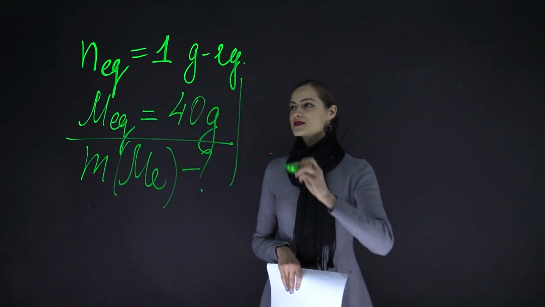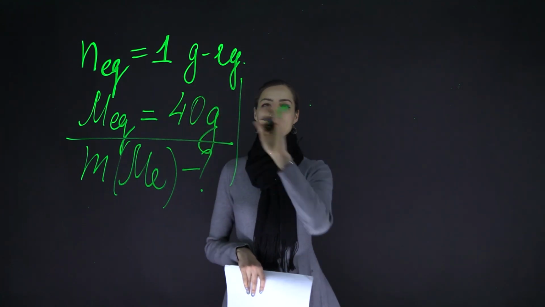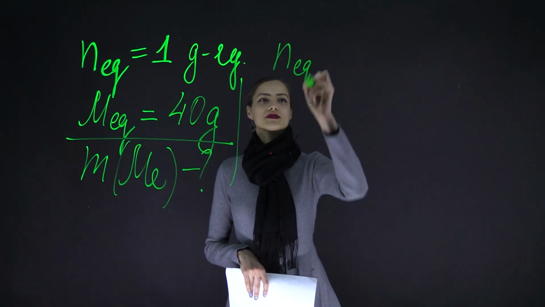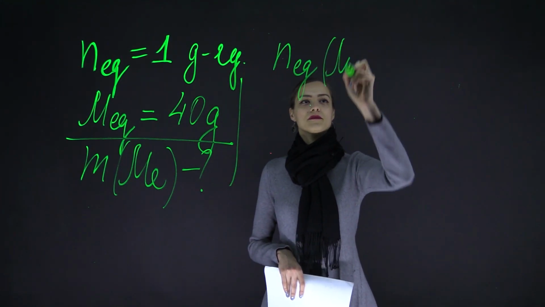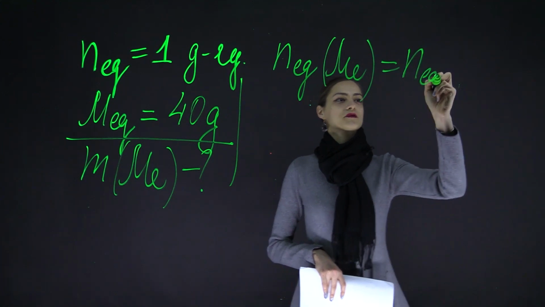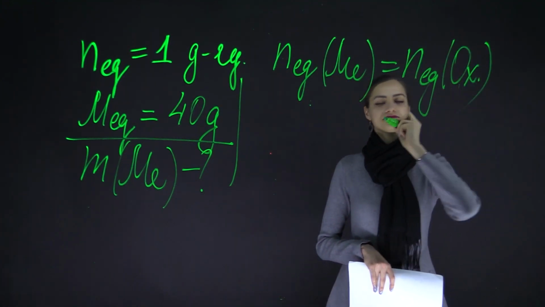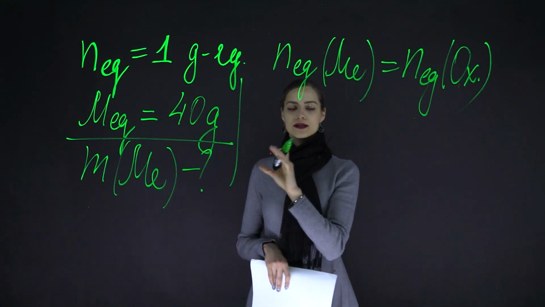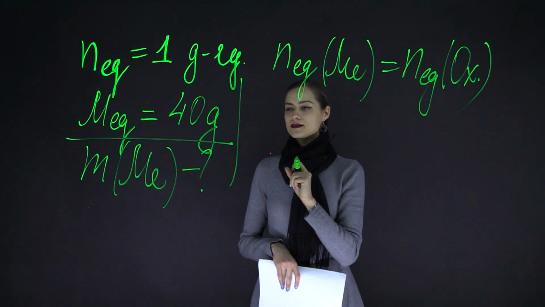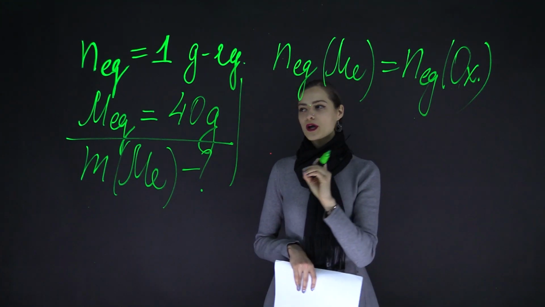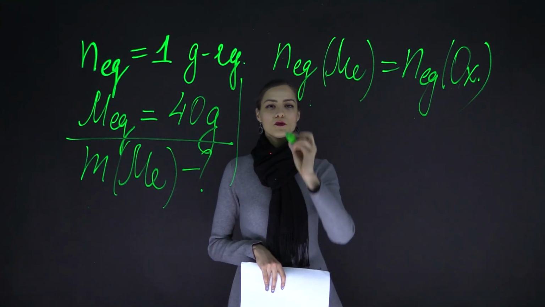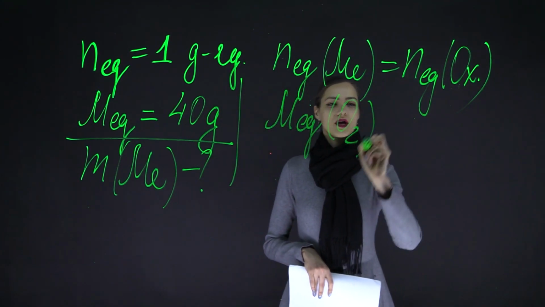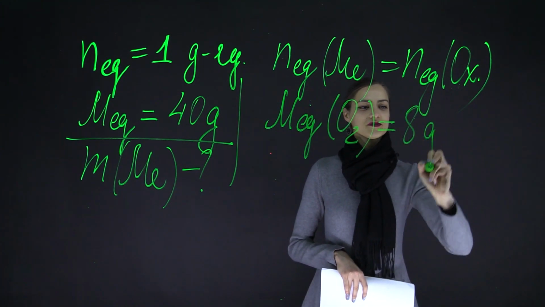According to the law of equivalence, the numbers of equivalents for all components in the reaction are equal. So the number of equivalents for the metal equals the number of equivalents for the oxide. In this situation, one equivalent of metal reacts with one equivalent of oxygen, because we have a combustion reaction. The equivalent mass for oxygen, O2, we already know equals 8 grams.